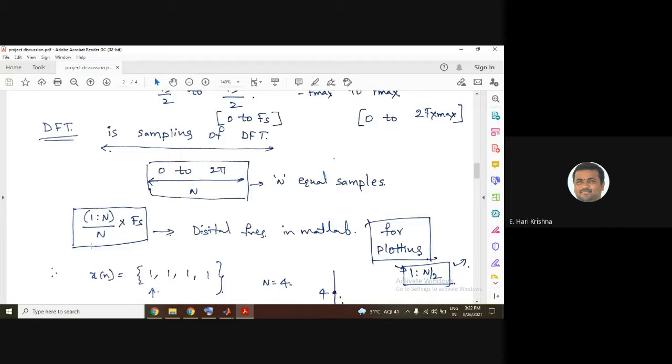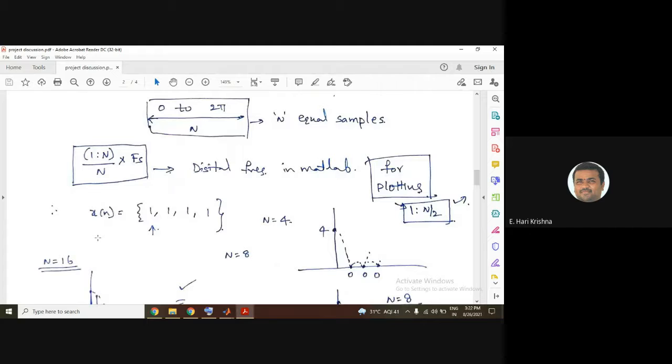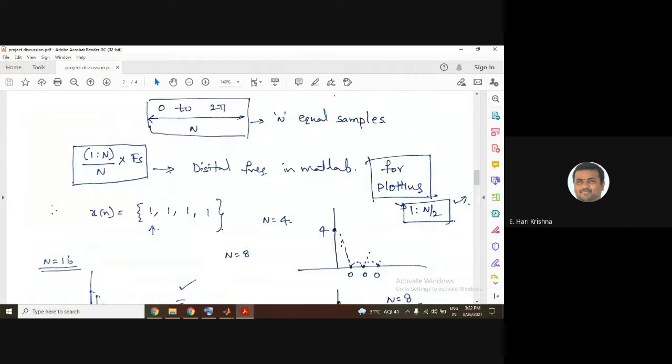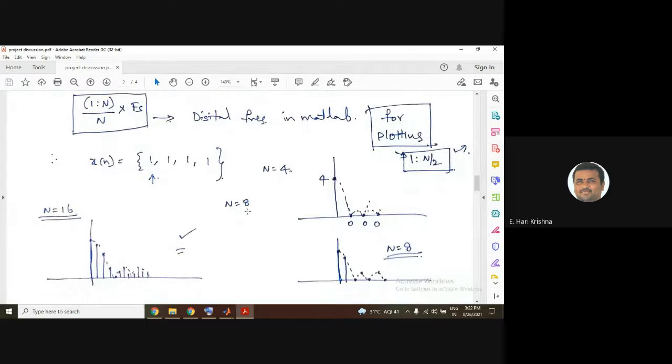So another example, x of n is equal to 4 ones, and I computed the DFT or FFT. I got 4, 0, 0, 0. I consider n is equal to 8. I got these values. If I join the same, if I take n is equal to 8, and n is equal to 16, see the resemblance.